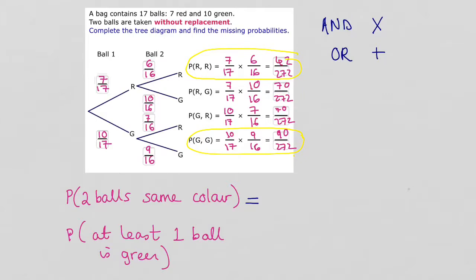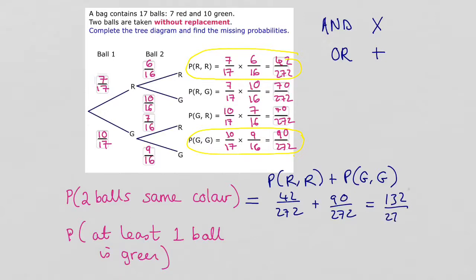So when we did red and red, it was a times. I now want red and red or green and green. So I'm going to do the probability of red, red, or the probability of green, green. And keeping those probabilities with the same denominators is making it so much easier to add here.